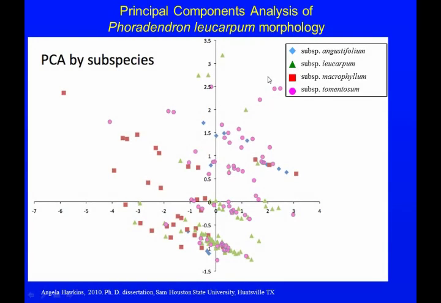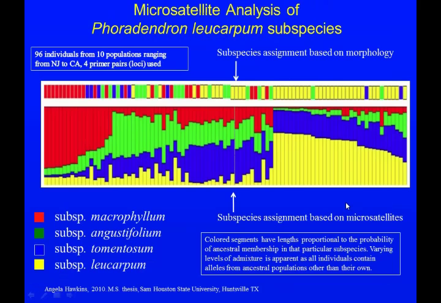For example, look at the green triangle of subspecies leucarpum. It encompasses pretty much the range of the whole cluster in its entirety. So basically, Job Kite's monograph recognizing these 4 subspecies can't be followed very well. You can't really discern these morphologically very well. And that's, again, from morphology.